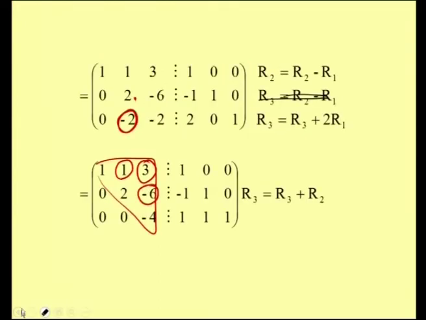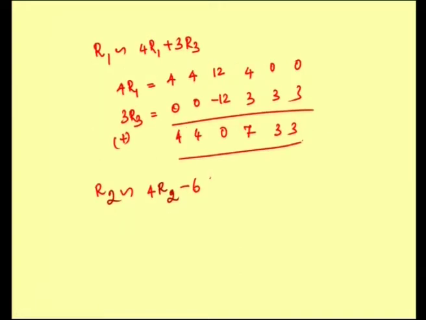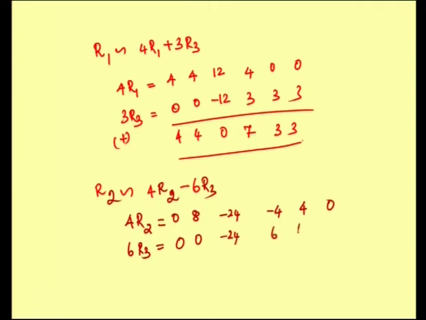Just look at the matrix again. We have to make this minus 6 as 0. So, 4 times R2 and 6 times R3, right? 4 times R2 minus 6 times R3. Now, what is 4 times R2? 4 times R2 is 0, 8, minus 24, minus 4, 4, 0, and 6 times R3 will be 0, 0, minus 24, 6, 6, 6.